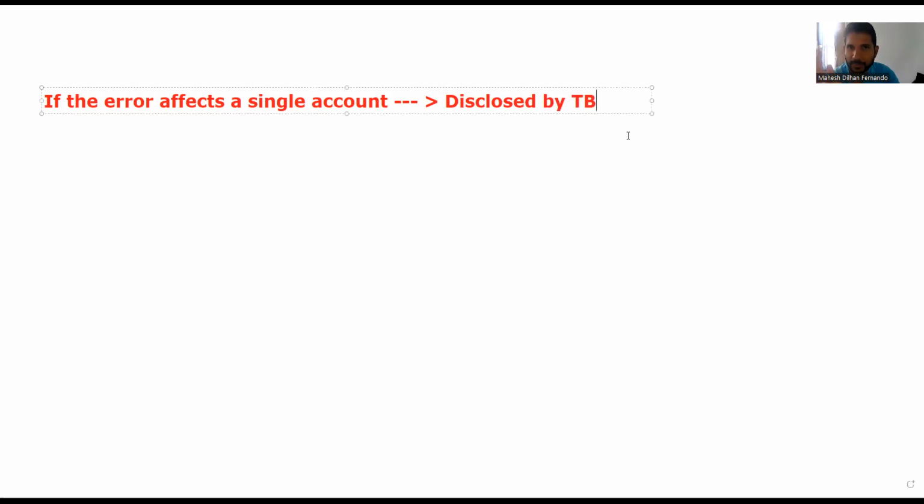If the error has been committed only in a single account, that error affects the agreement. Therefore, in rectifying, the suspense account has to be used.